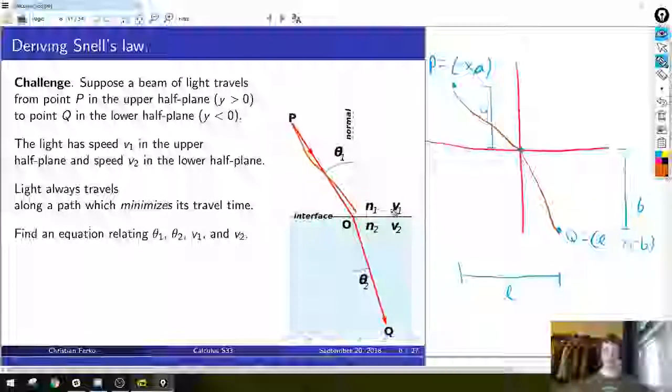So the slope is not related to v1, but I think what you're getting at is that the time it takes for the light to travel from P to O is certainly related to v1, right? Because v1 is the distance over time, so by algebra, the time it takes to move from P to O is going to be the distance over v1.